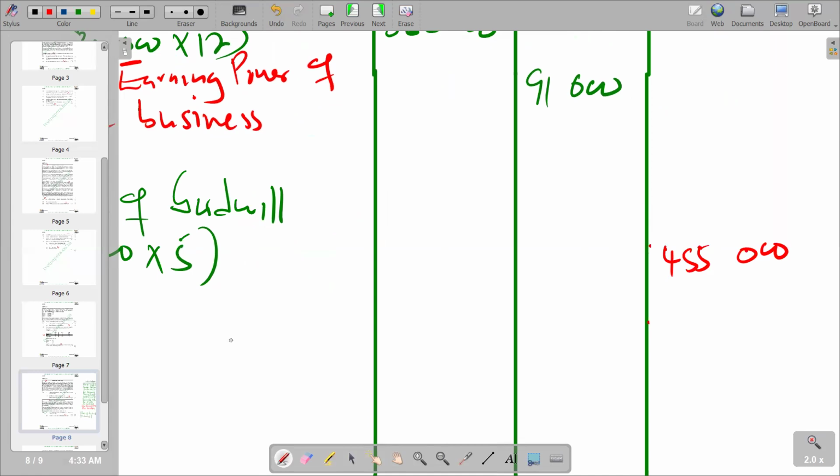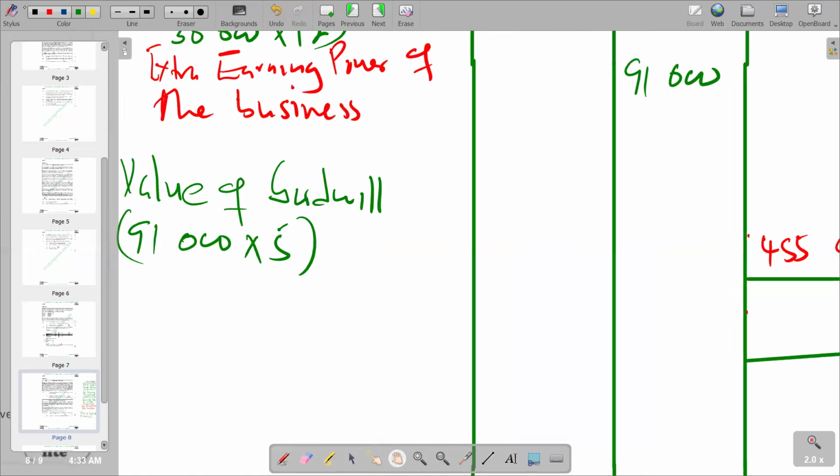So we are saying 455,000. Then to get our final price, maybe we can just put our double lines. So we are saying to get the value for final price, which is supposed to be here. So the description that we have here is now the final price.